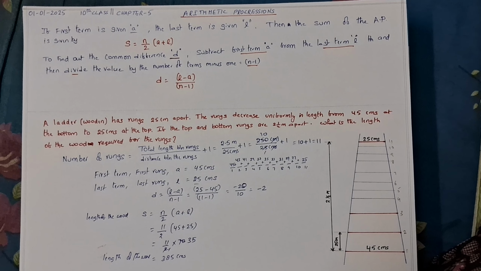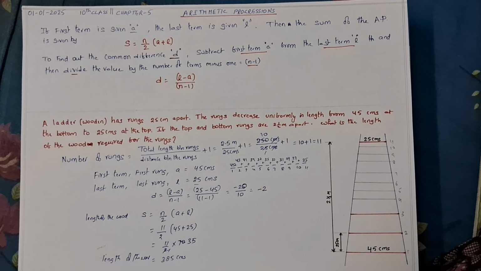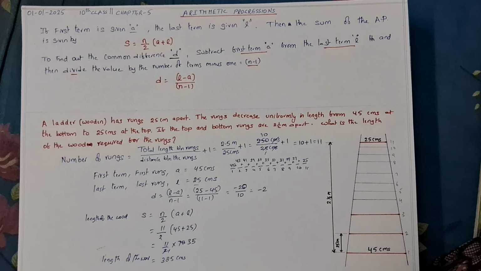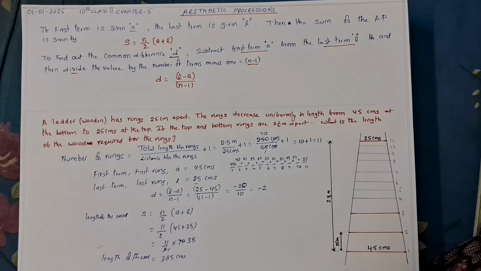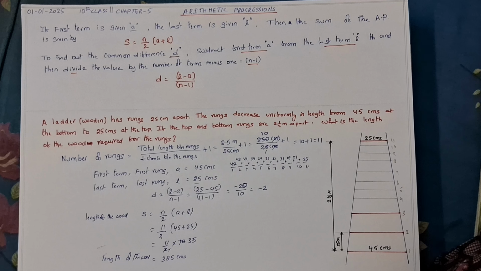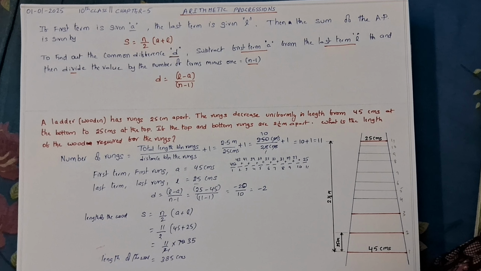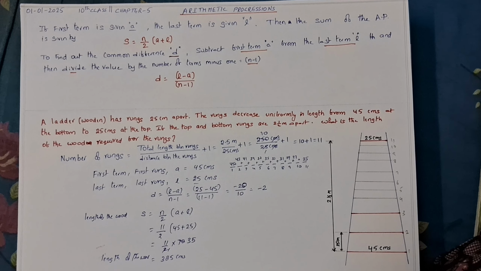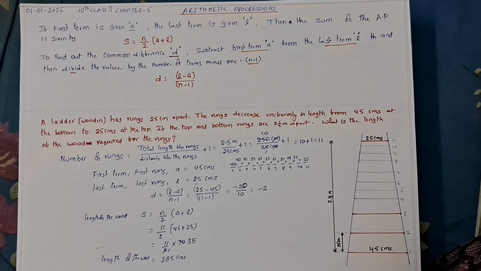formula, sum is equal to length of the wood for making the rungs, S is equal to n by 2 into (A plus L). Here n is equal to 11. 11 by 2 into first term is 45 plus 25.